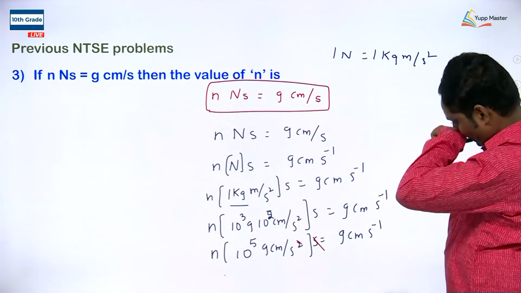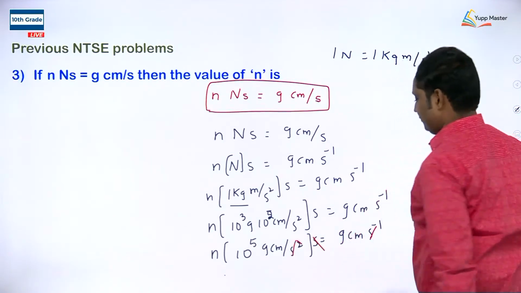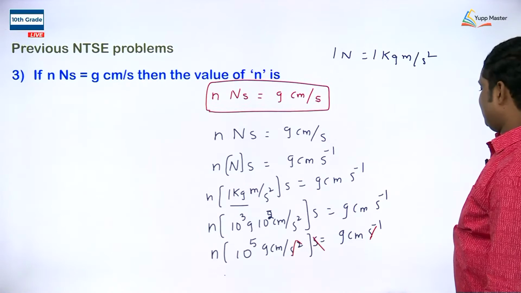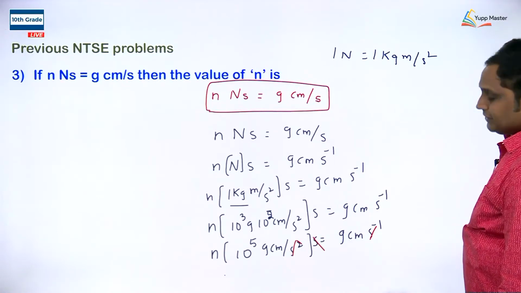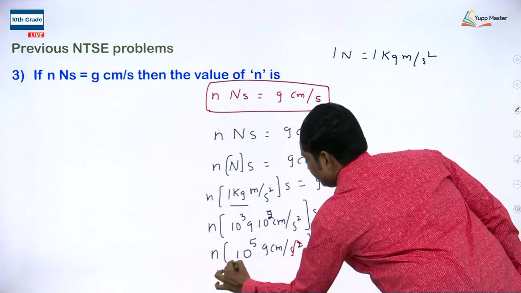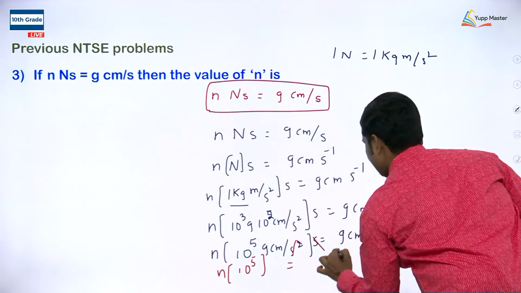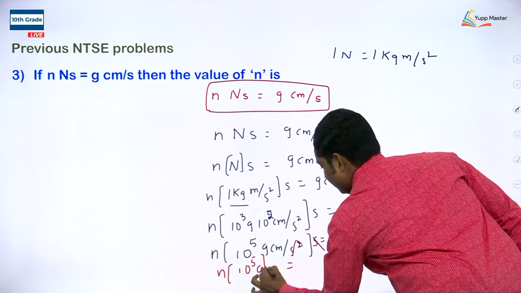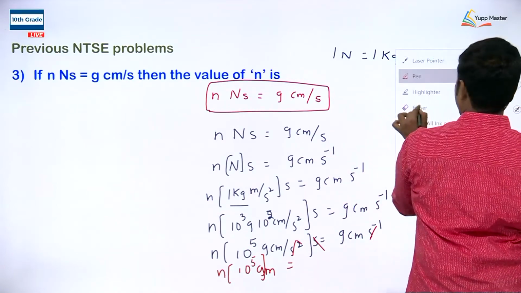So, you can get one more cancellation here also. All right. Now, it is very clear n into 10 to the power of 5 is equal to 10 to the power of 5 gram. Just you have to write the final expression, that is very clear.